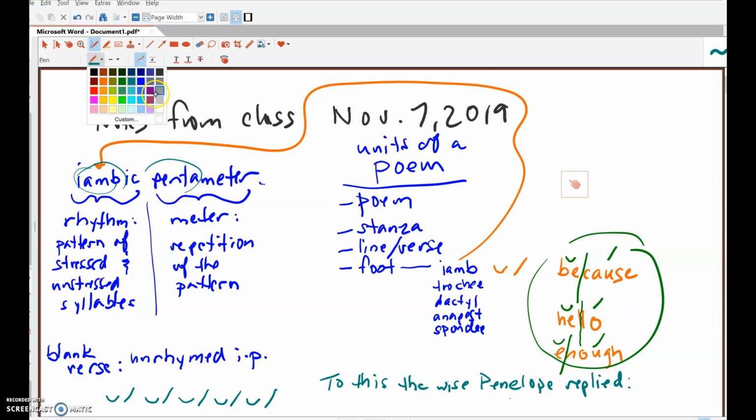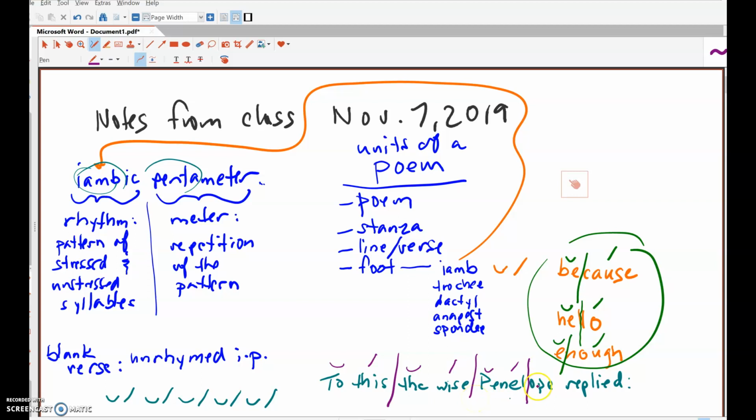So let's just parse that out. The first iamb is right there. To this, the second iamb is right here, the wise. And the third iamb is right here. It's only part of the name Penelope. It would be Penel.